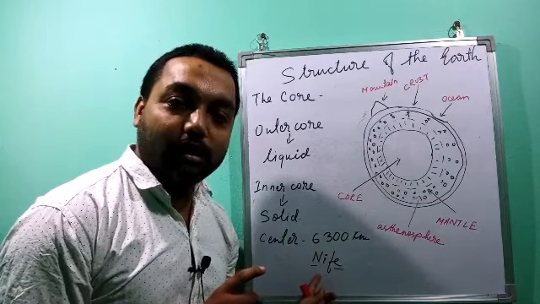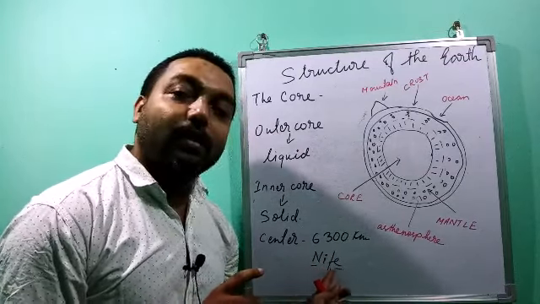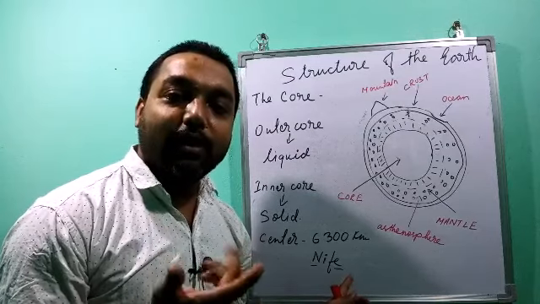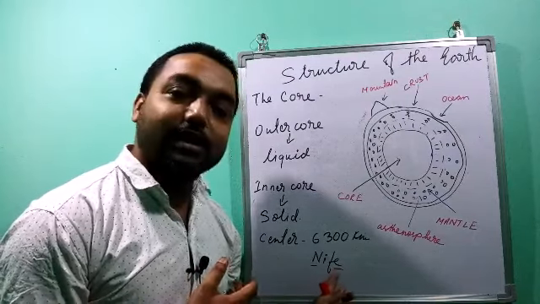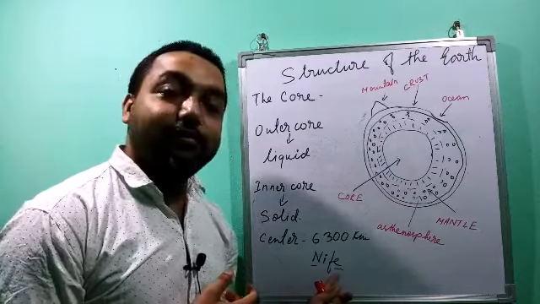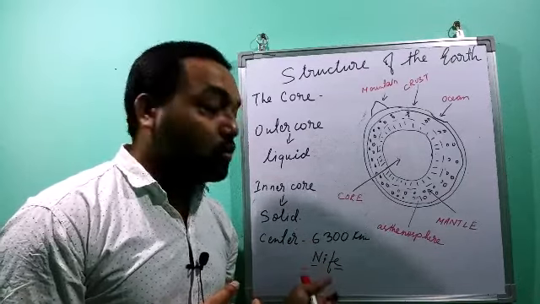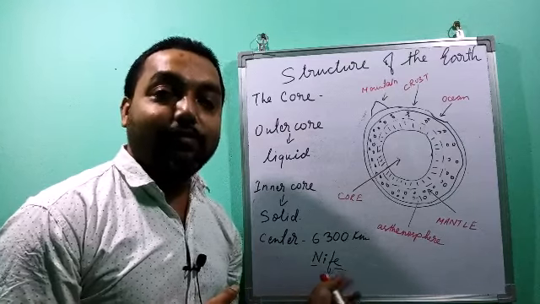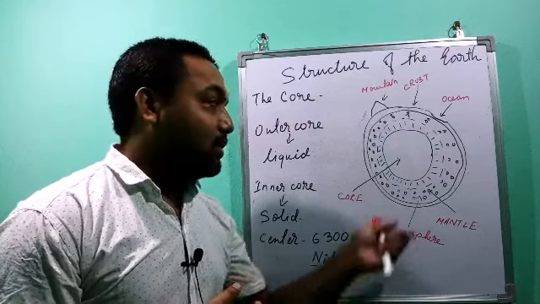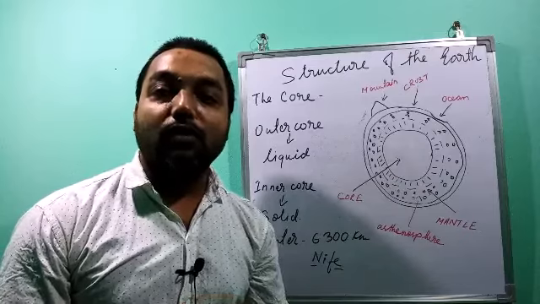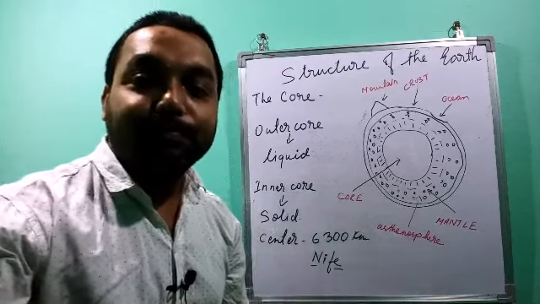Nickel is Ni, and the scientific name of iron is ferrous, Fe. Together it makes Nife. So this core of the earth is also known as Nife, that is nickel and iron. The other name for the core is Nife.